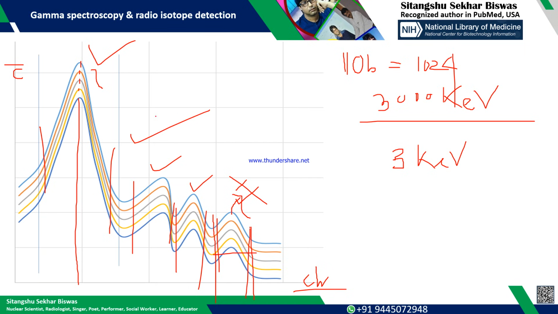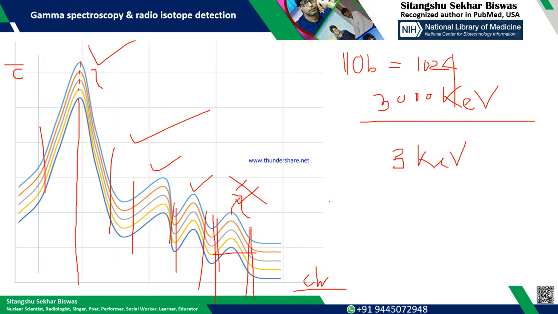So this is called your gamma spectroscopy, and from there you are able to identify the material, as these peaks are unique for each and every radioactive nucleus. By comparing this obtained spectroscopy with the known peaks of a spectroscopy, you can understand what kind of material it is.